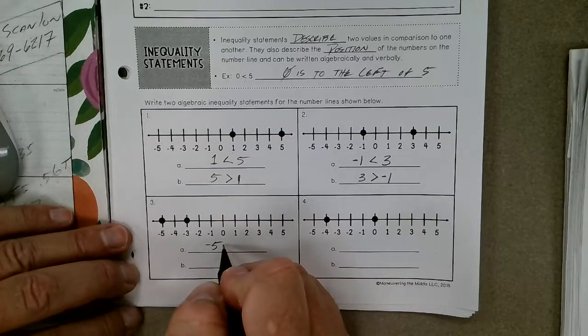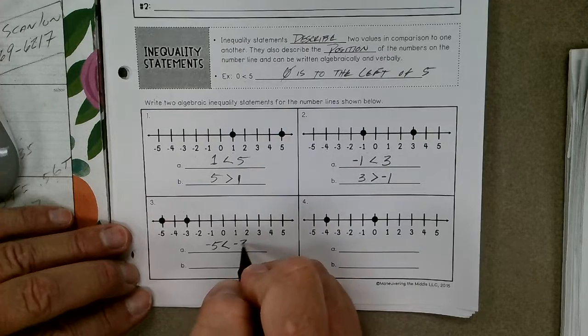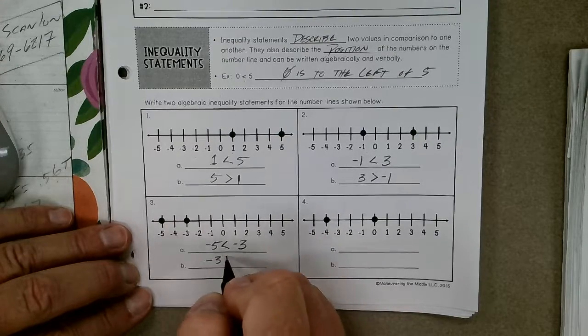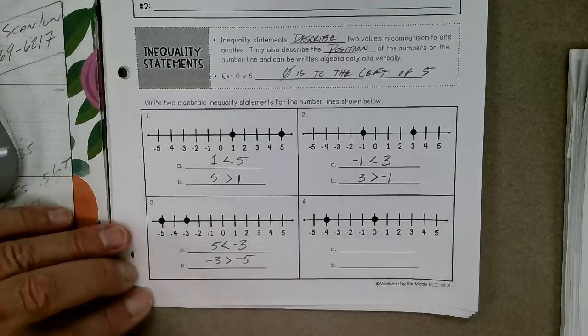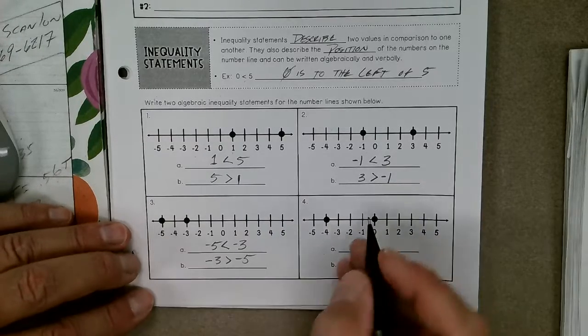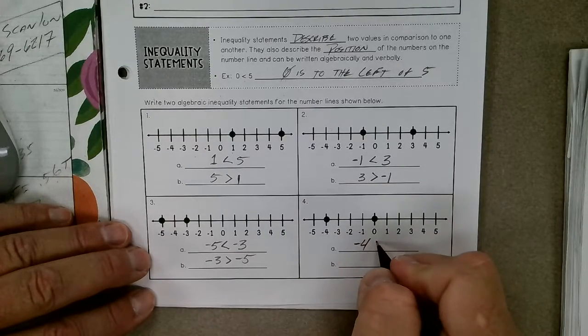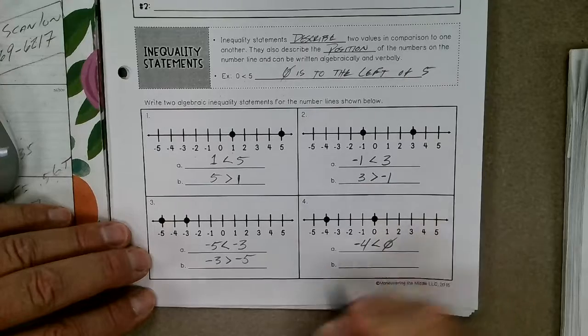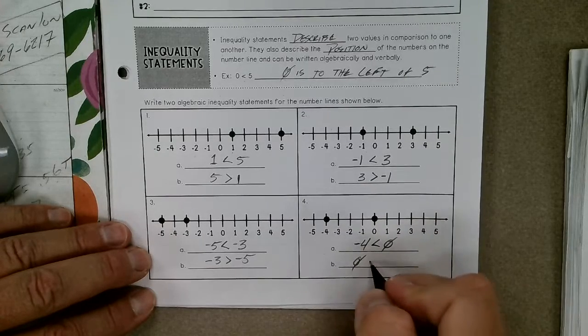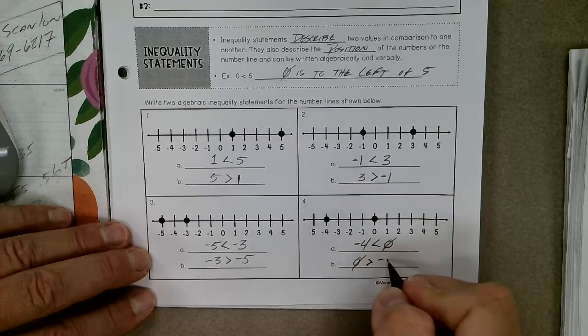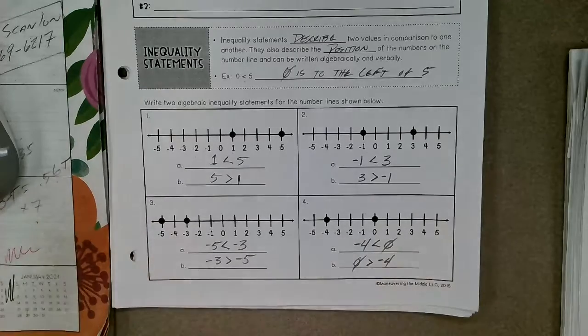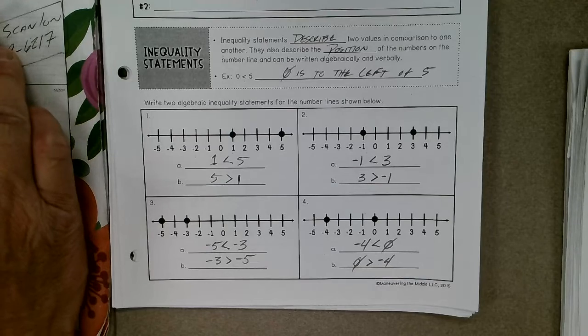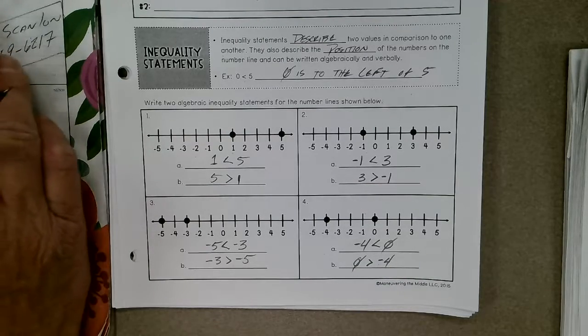Negative 5 is less than negative 3, or negative 3 is greater than negative 5. Negative 4 is less than 0, or we could certainly write that 0 is greater than negative 4. Pretty easy stuff, rolling right on to the second page, okay?